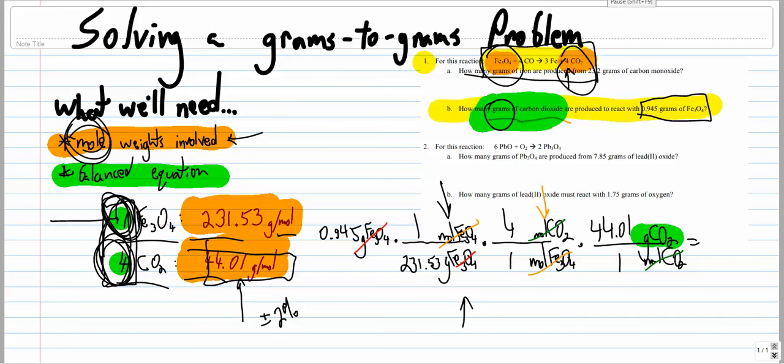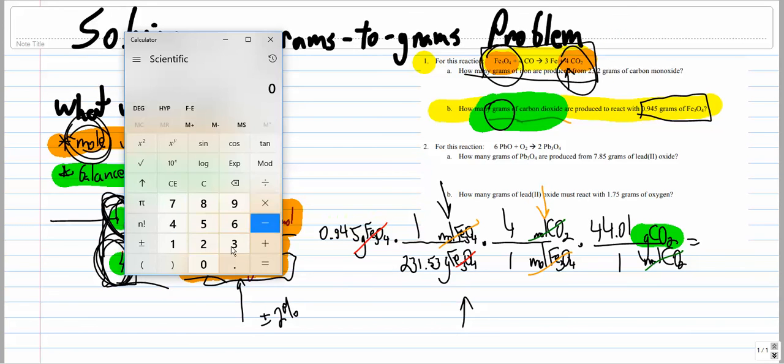So let me get out my calculator here. And I'm going to multiply across the top. So I've got my 0.945 times 1 times 4 times 44.01. And then I'm going to divide by the bottom. And the only number I have on the bottom is this 231.53.